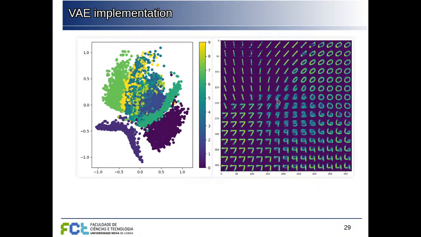Remember that we use this regularization, the Kullback-Leibler divergence, to try to force our distributions to have a mean close to 0 and a standard deviation close to 1. And in fact, when you see here the plot of the mean values for all the distributions we obtain for all the examples, we see that they are close to 0.